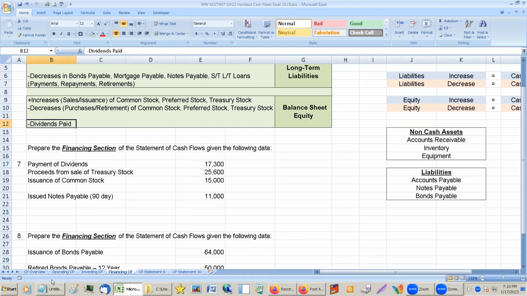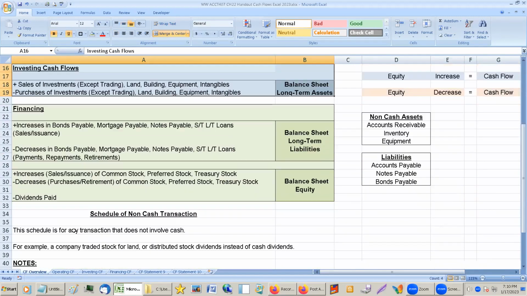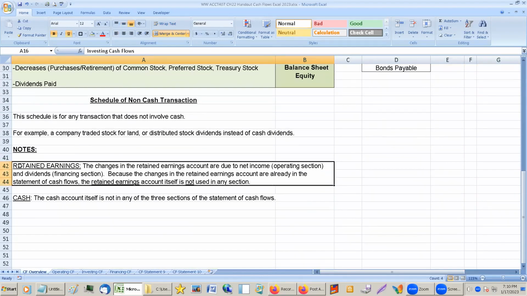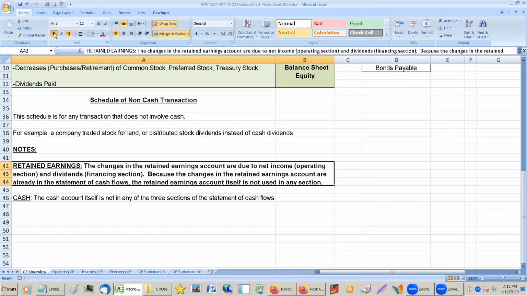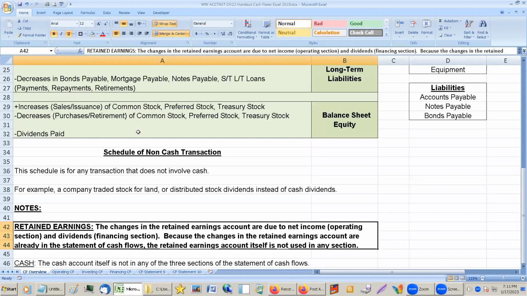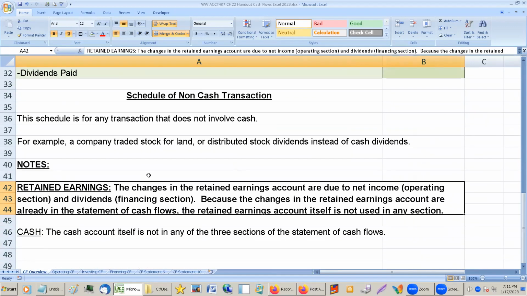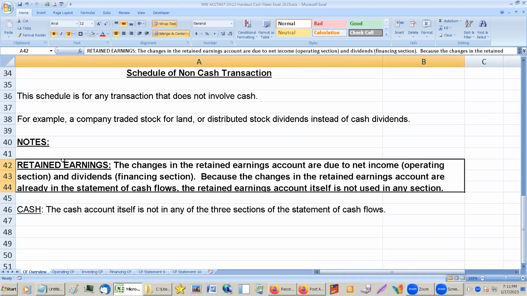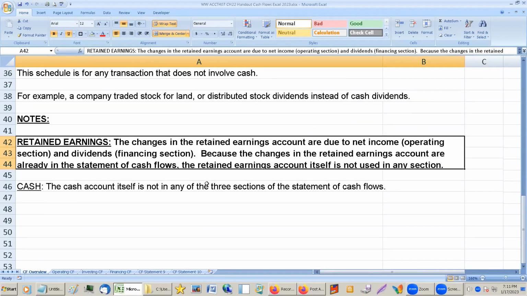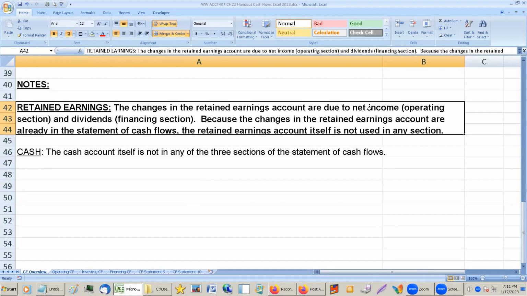Actually, there is something I've got to tell you about this section, and this is back on the overview. In the equity section, you're going to have an account called retained earnings. However, the changes in retained earnings are due to net income, which is in the operating section, and dividends.